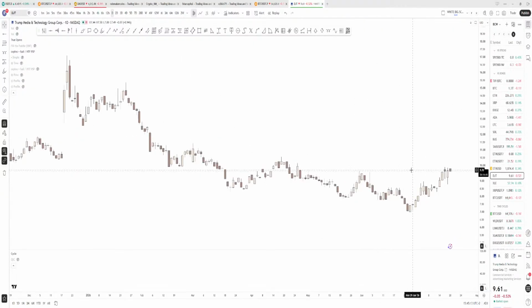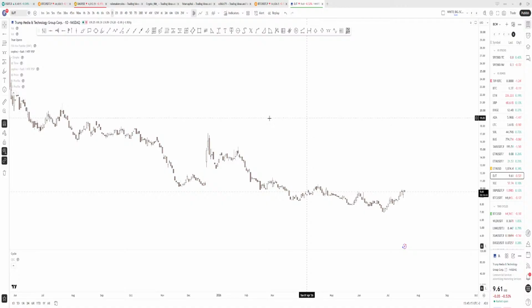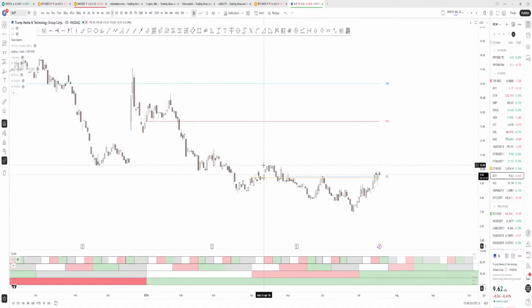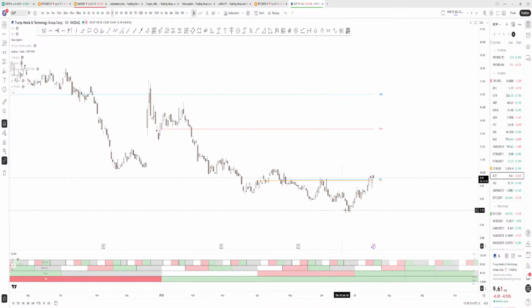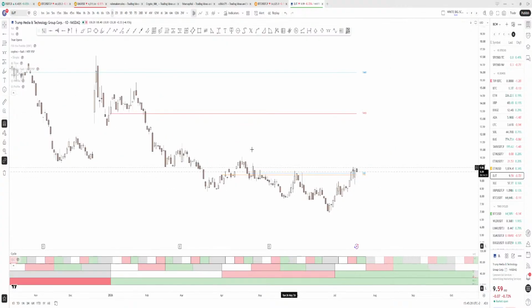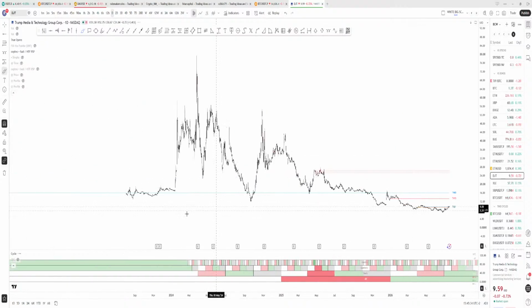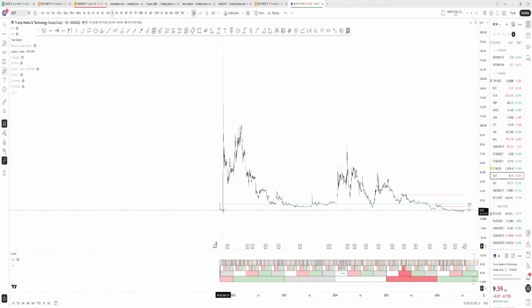Let's check DJT, the stock of Trump Media Technology. I told you that we will sweep $8 or $7, and then once it recovers, basically a small altseason should start. We swept the listing low, which was below 9.3.